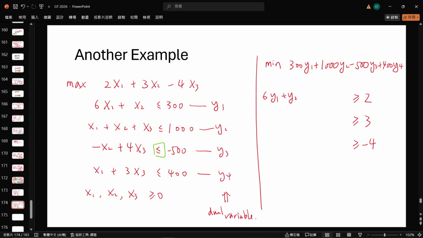And the fourth, the coefficient on the left hand side is 1, so 1 times y4. So in the weighted combination, the coefficient of x1 is 6y1 plus y2 plus y4.